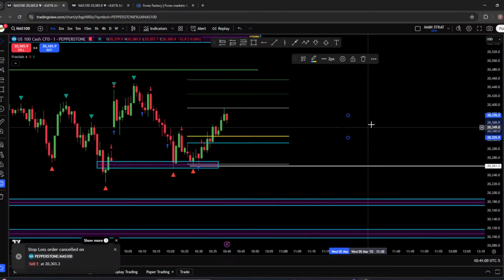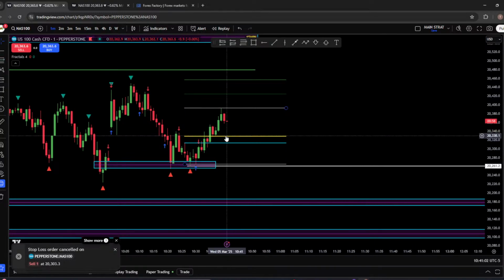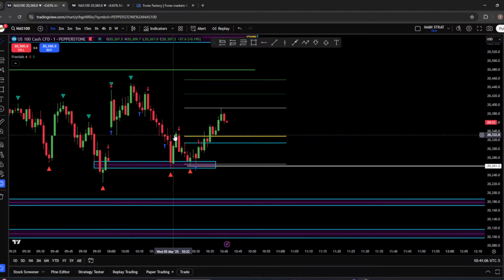You have to wait till it hits equilibrium or below.